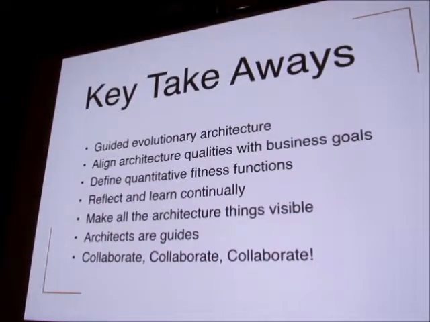Aligning it with business really helps weed out the arguments like, I think Kafka is better than RabbitMQ, or I think SQL Server. Get away from that by asking what's important to our business, and use that to ground your decisions rather than technical preference. I talked a lot about fitness functions, making things visible, and collaborating.